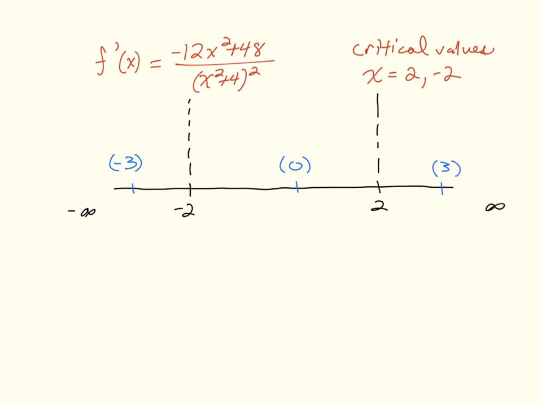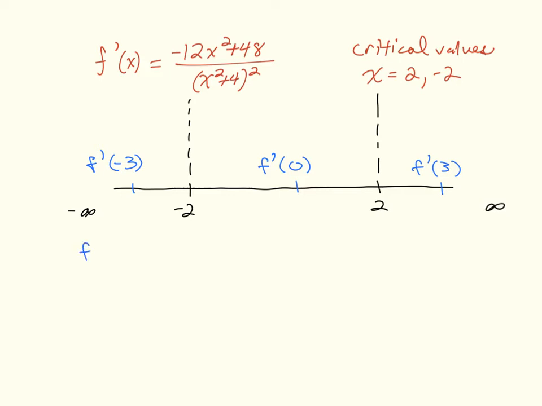And we evaluate the derivative at all of these test values. If we get back something that's positive, we know the original function is increasing. If we get something back that is negative, we know that the original function is decreasing.